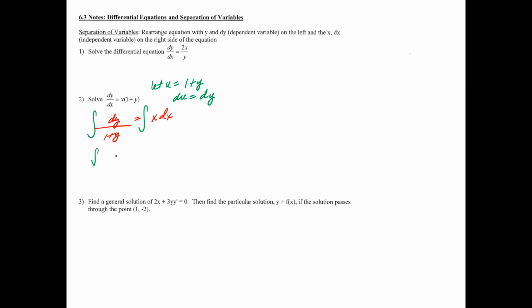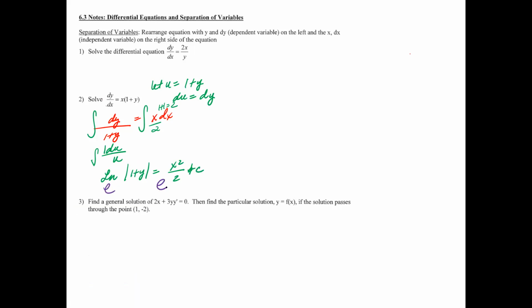So then if I replace this, I have a du over u, so 1 over u. And the integral of 1 over u is just ln u, which is 1 plus y, equals the integral of x, which is 1 plus 1, which is 2 divided by 2, so x squared over 2 plus c.